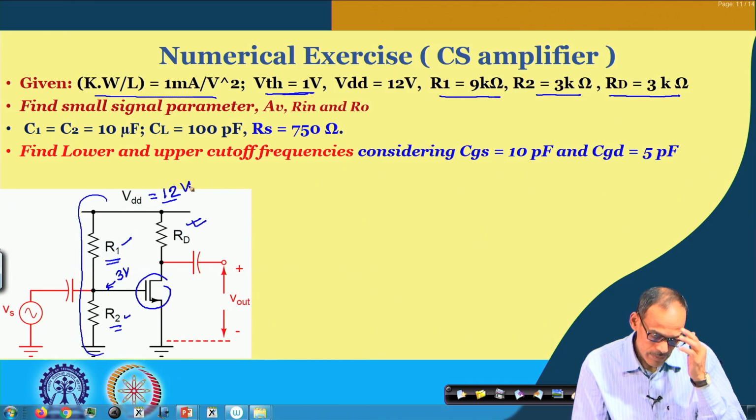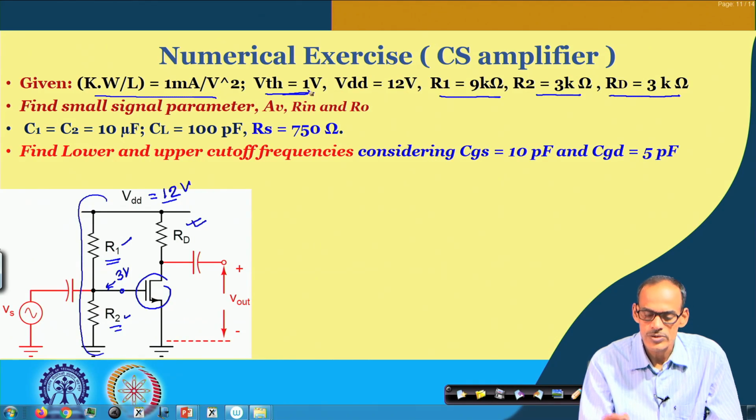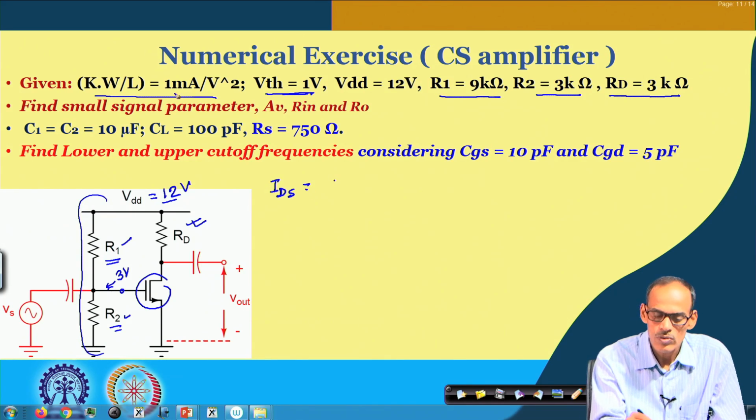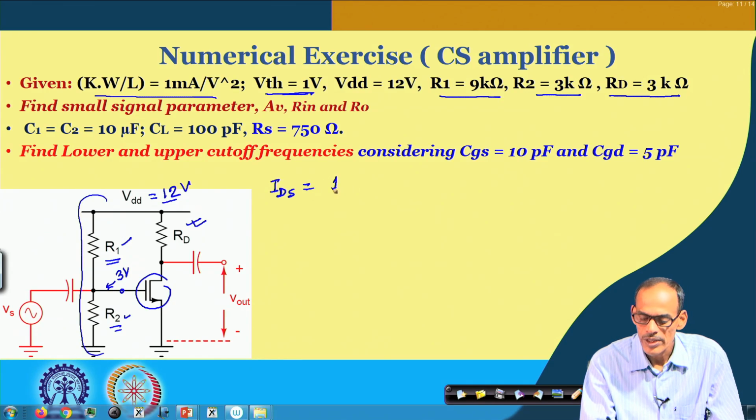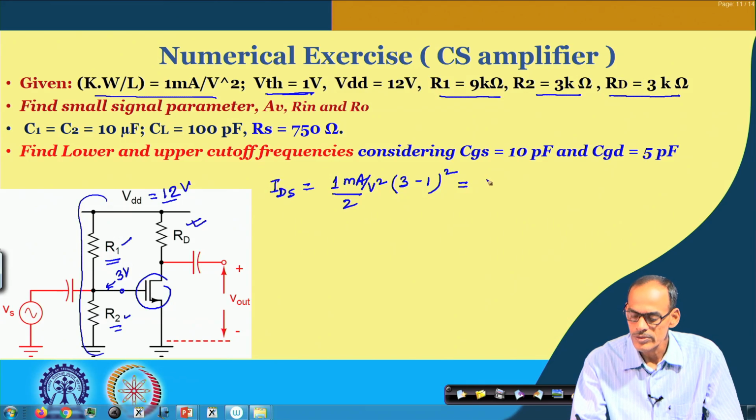And once we have the gate voltage 3 volt and threshold voltage 1, then IDS equals 1 milliampere per volt square by 2 into (3 minus 1), that is VGS minus VTH, squared. So, that is equal to 2 milliampere.